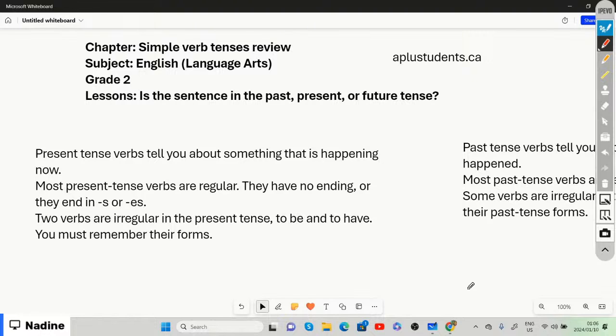When we say that it is regular, it means that it follows a specific rule, where we add an S after the verb to show the present tense, or we add an ES to show the present tense verb.